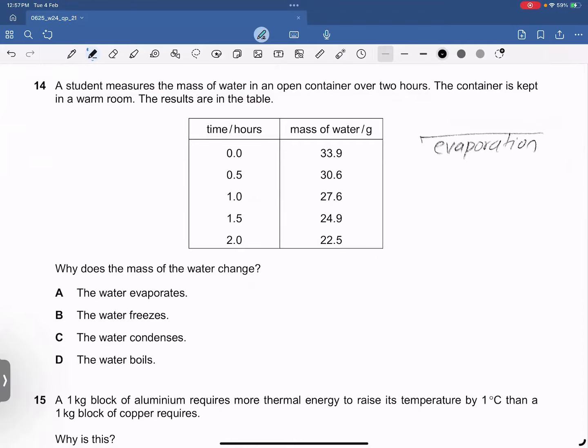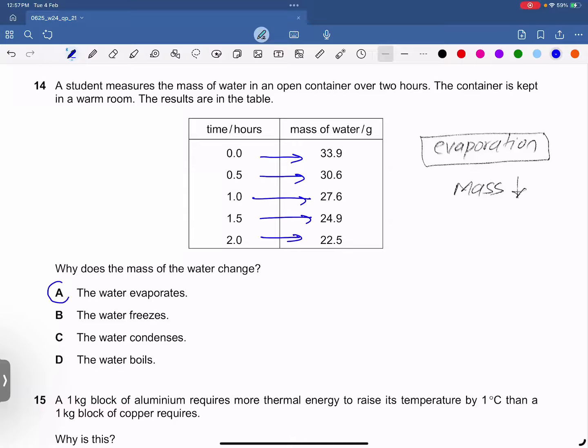So evaporation takes place and water goes out, so the mass of remaining water will decrease because liquid water is changing into vapor. Initially the mass is 33.9, then it decreases and keeps decreasing. So the reason is the water is evaporating. Evaporation is the escape of the most energetic liquid molecules from the surface. So as the water keeps going, the mass keeps decreasing.